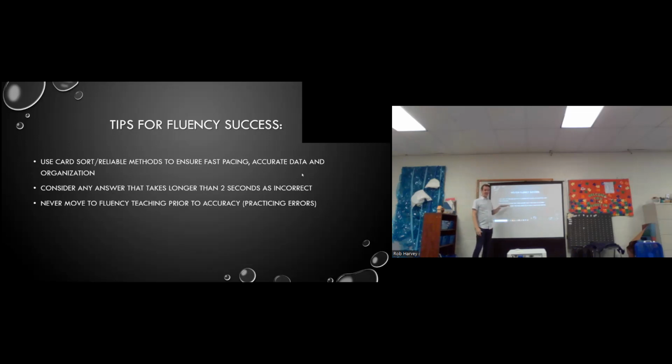Consider any answer that takes longer than 2 seconds incorrect, okay? And this is where the audience says, but what about processing delays? Again, I recognize that in some cases it is a consideration, and they can't get within that 2 second goal. But I would say that in most situations where this is put forth as the reason they're not responding quickly, it's just because their slow responding has been reinforced.